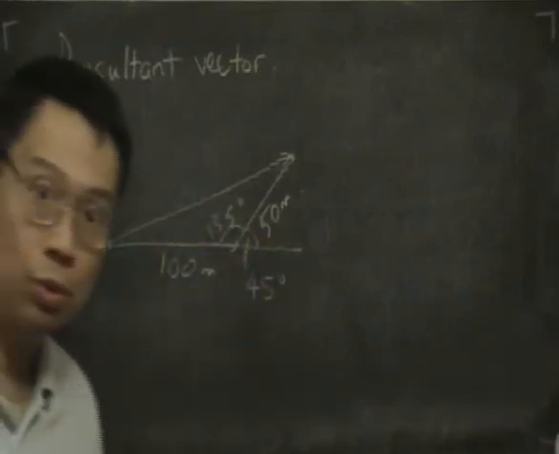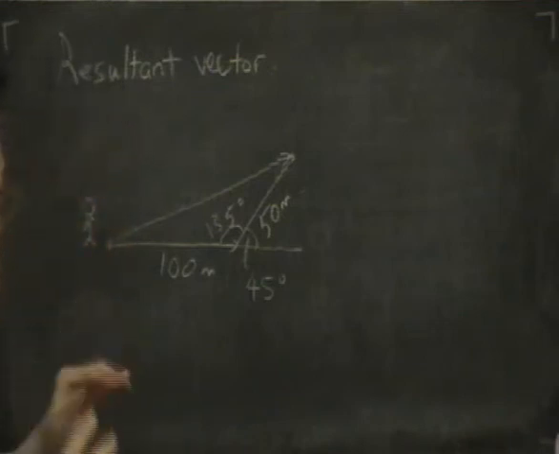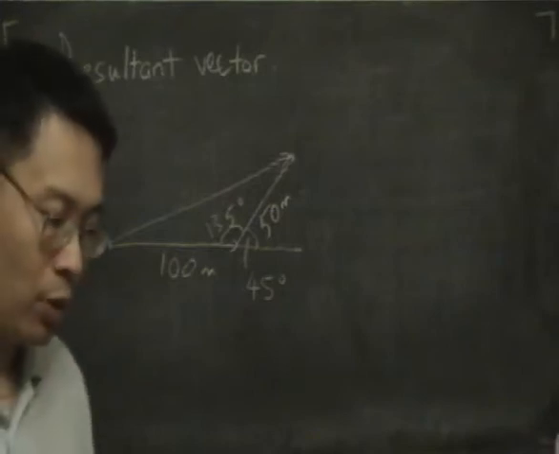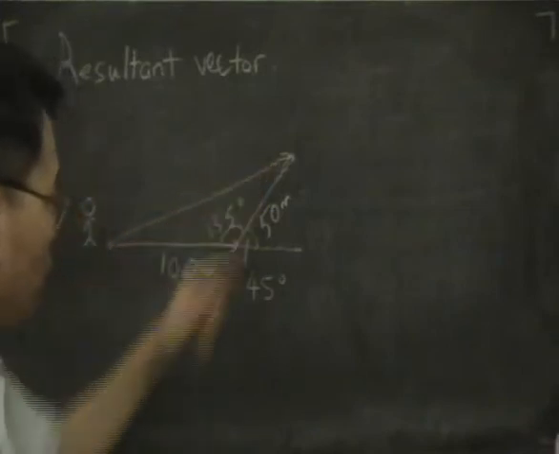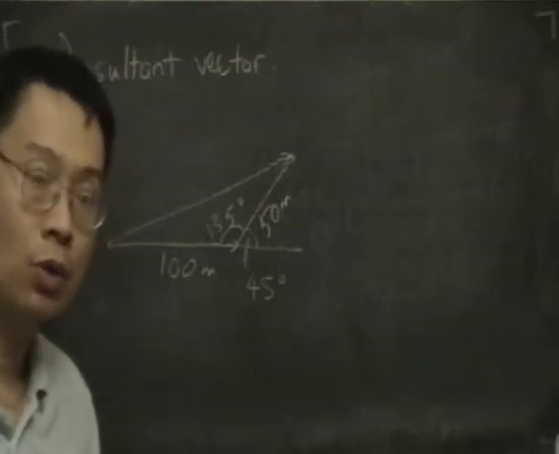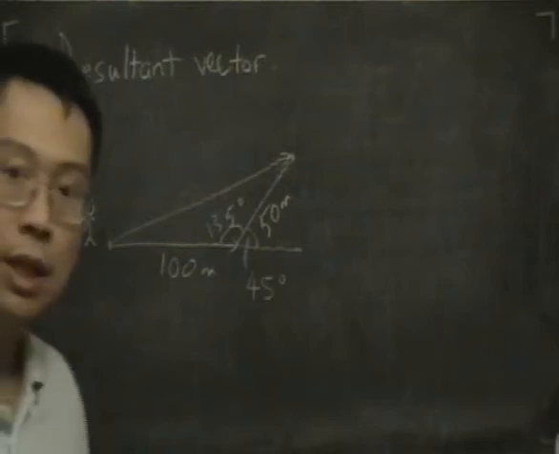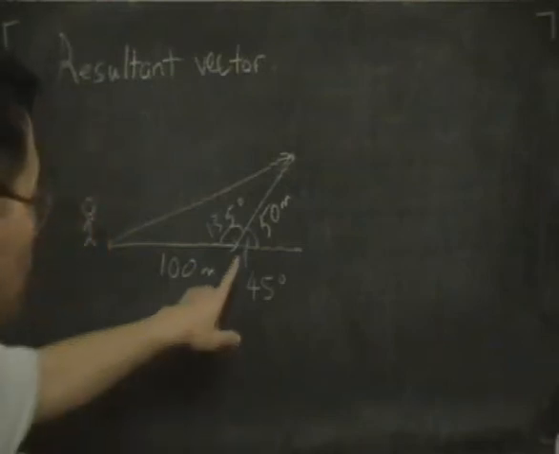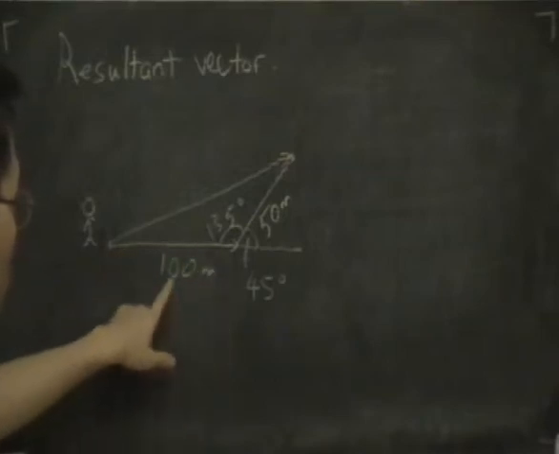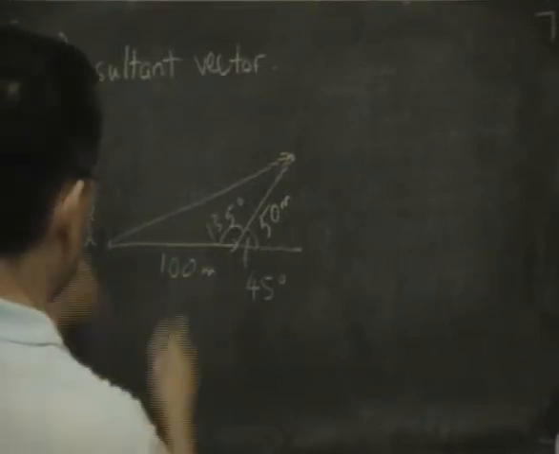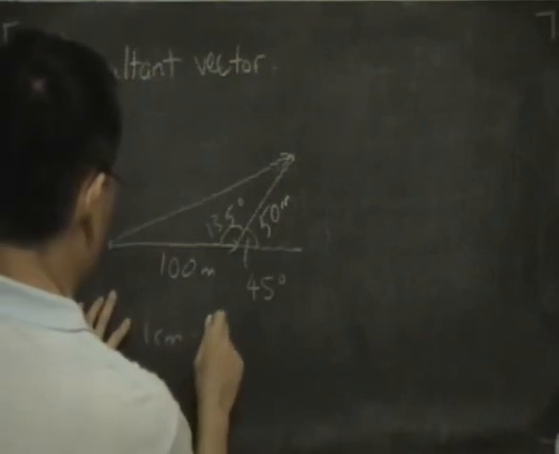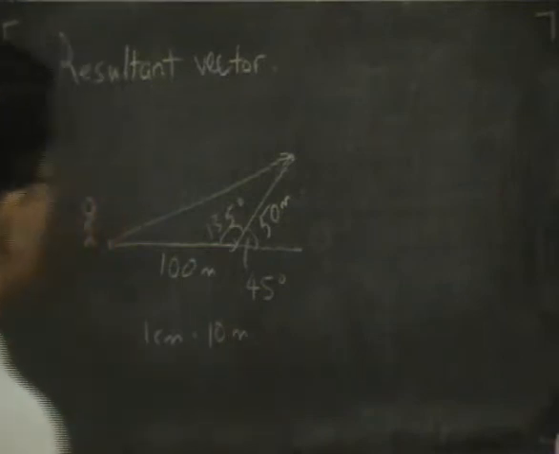So there are two ways to find this distance and direction. To find this distance, we can do it by a construction or a scale drawing. You can just take out a ruler and a protractor and use a scale of say 1 cm to 10 meters.